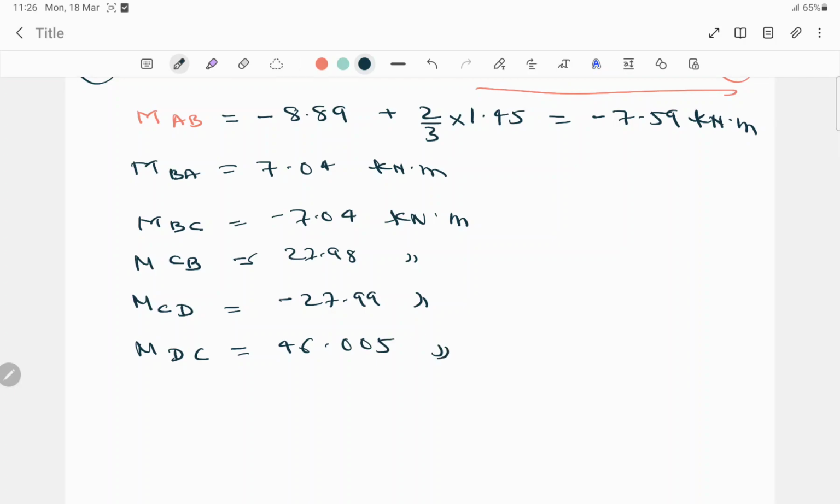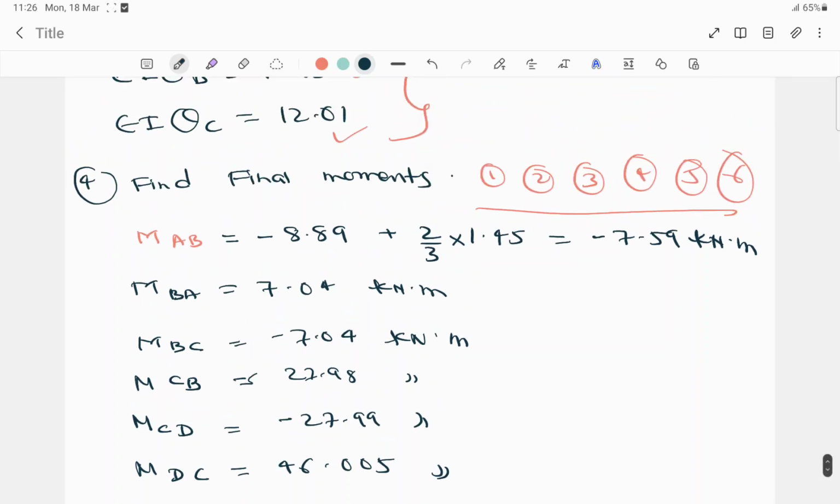So we have all the values with us now, and these are the final moments.